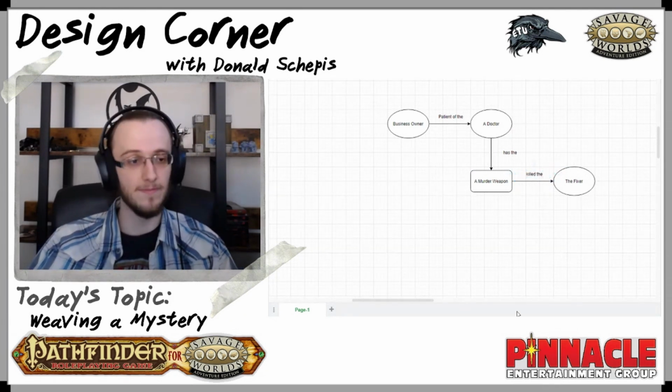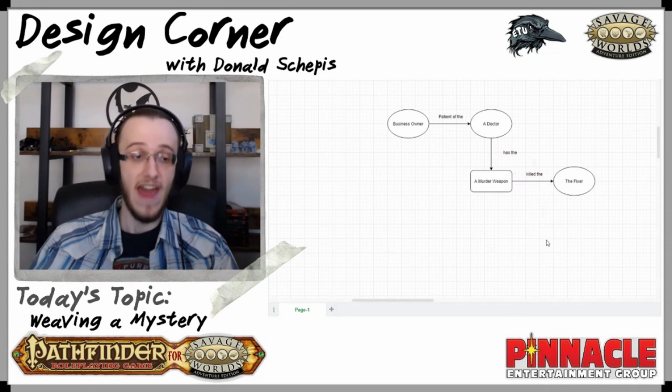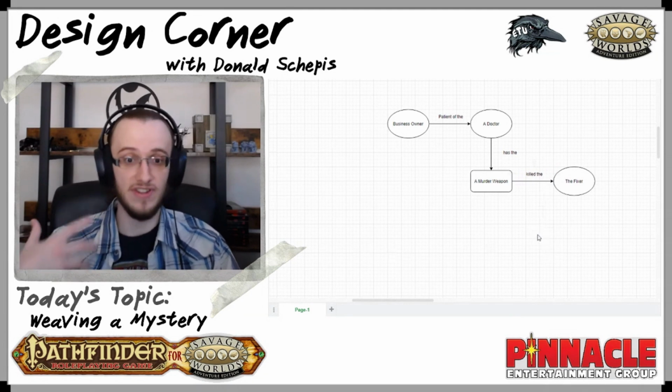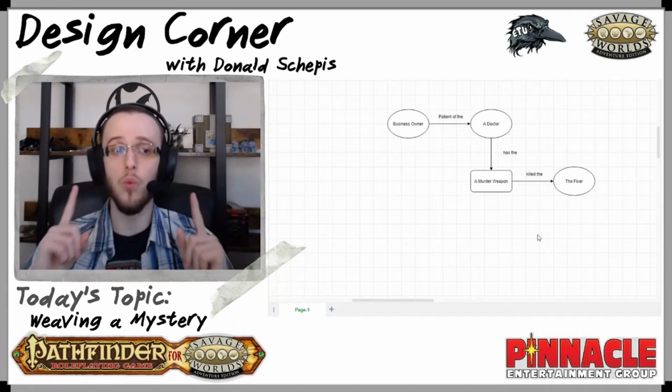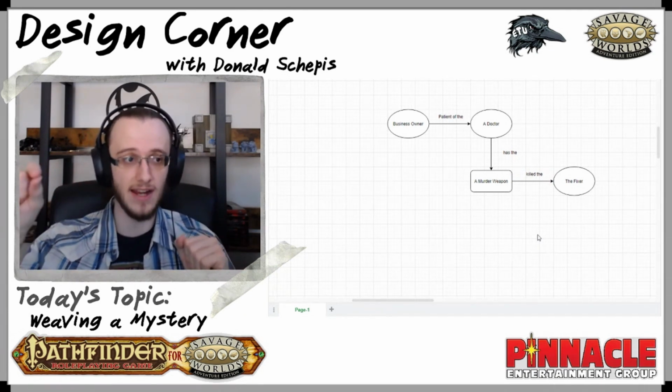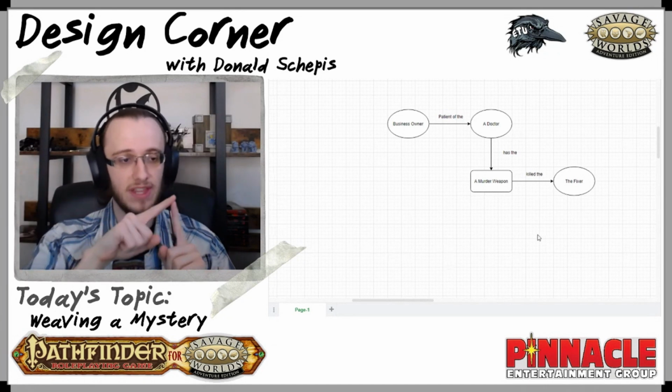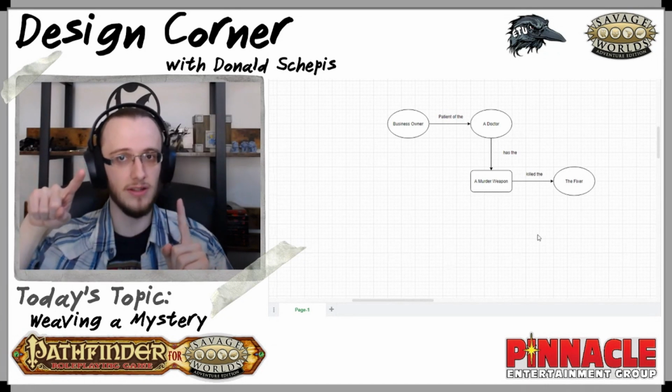The murder weapon killed the fixer. So now we've got some drama, right? The fixer has been killed, and that was at least one of the player's contacts. Now we also have the hook into our mystery, right?